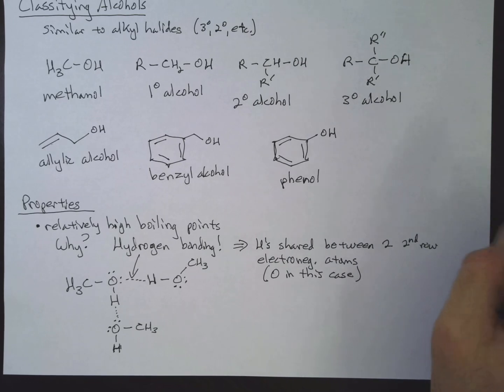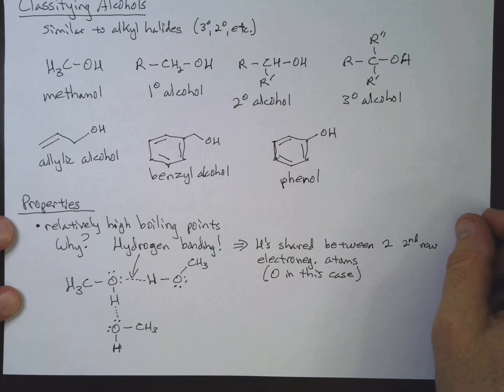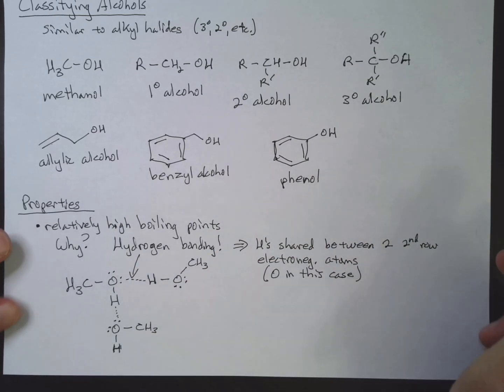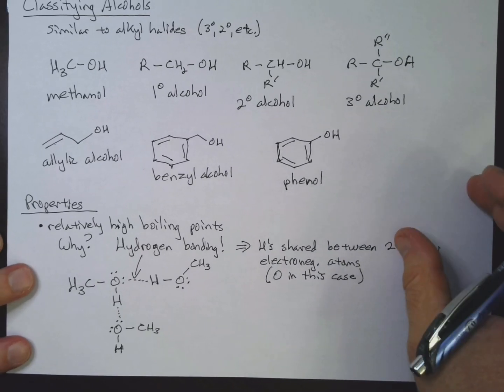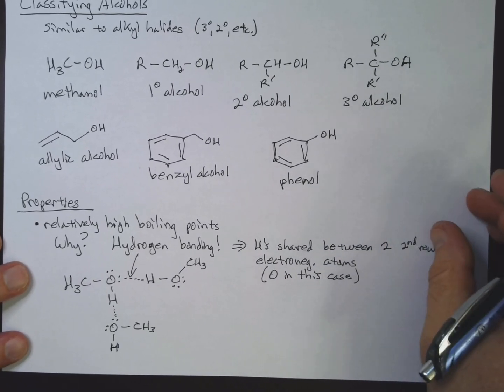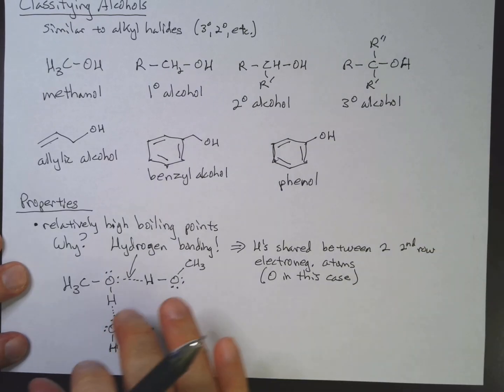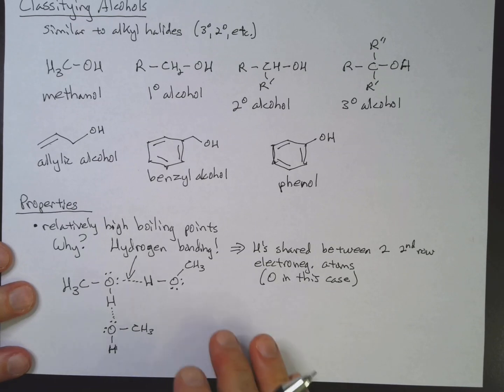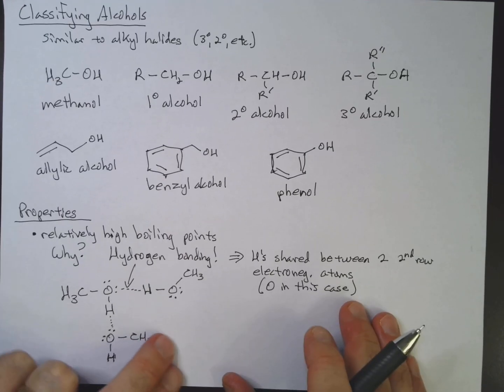You can see this in, let's say, ethanol, which has a boiling point of around, I think, 77 degrees Celsius. But acetone, which is a bigger molecule, 3 carbons, doesn't have any hydrogens that can be a hydrogen bond donor. It can accept hydrogen bonds, but can't donate them. Acetone has a boiling point of, I think, 55, 56 degrees Celsius. So the ability to form hydrogen bonds makes a difference. It also makes them good polar solvents.